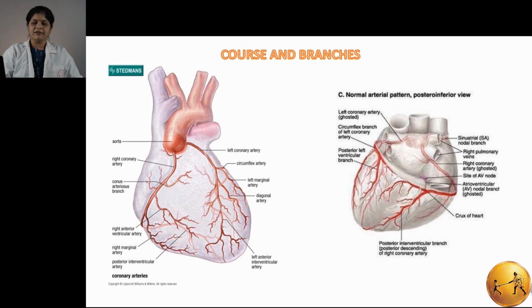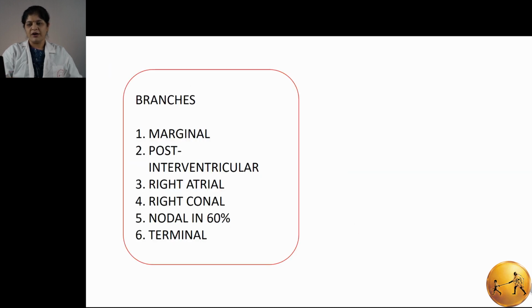When it turns and goes on the posterior inferior aspect, it is continued as the posterior interventricular artery, that is the PIVA. On its way it gives these ventricular branches. So this is the origin, course and branches given by the right coronary artery.